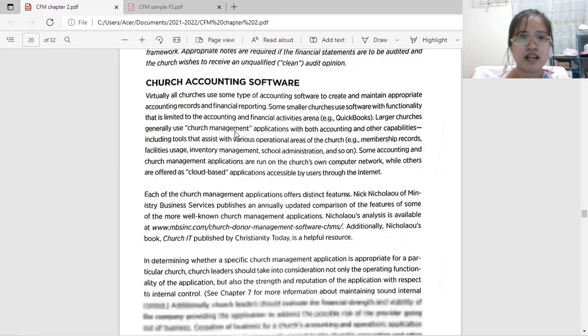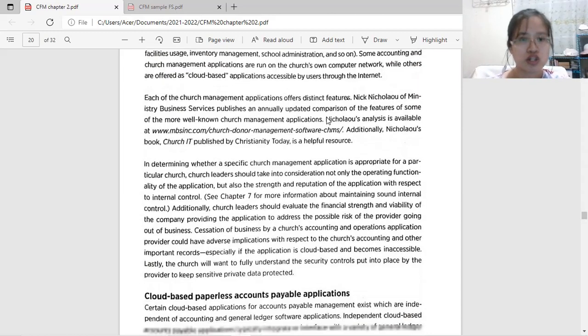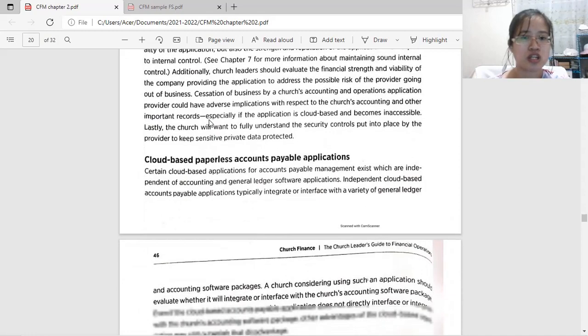And then church accounting software. Normally these are used by medium and large organizations, but for small organizations, small churches, using Excel would suffice in accumulating or recording the financial transactions of a church or an organization.